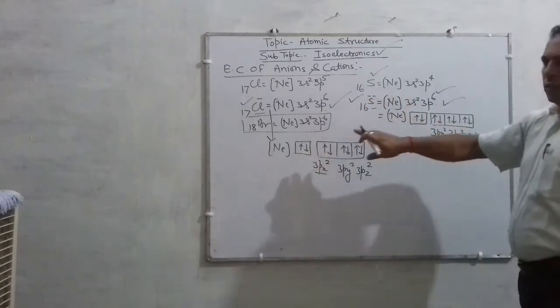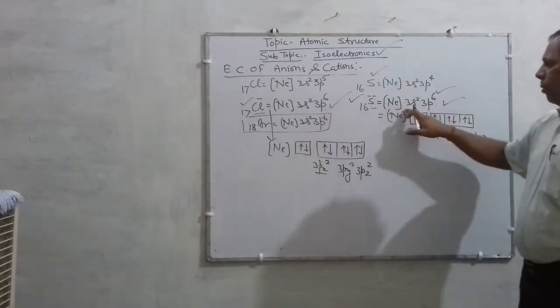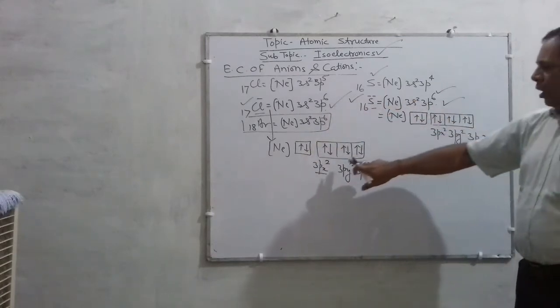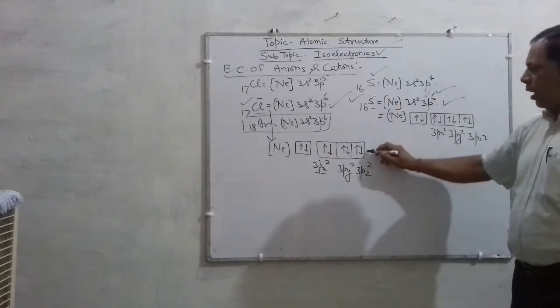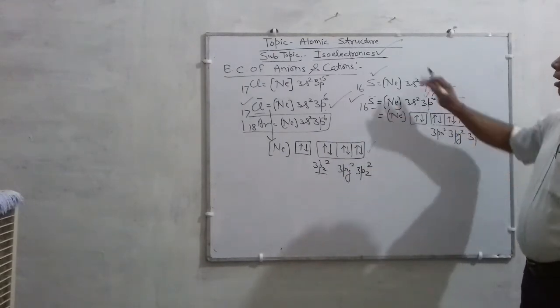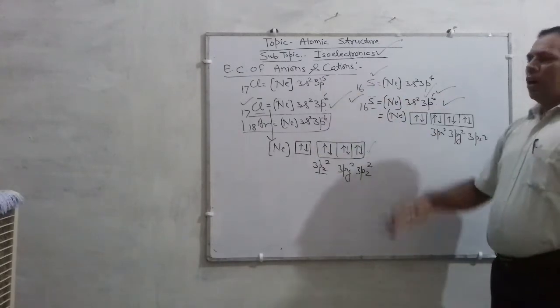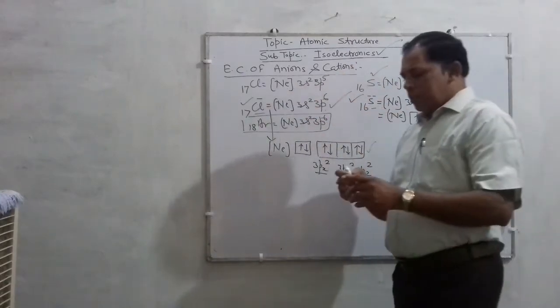So in all the cases, Cl minus and S minus 2 have the same number of electrons as well as the same electronic configuration, in both ways, either this way or by orbital way, and such species are called isoelectronic. This is the formation of an anion.